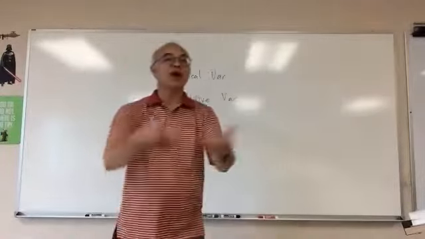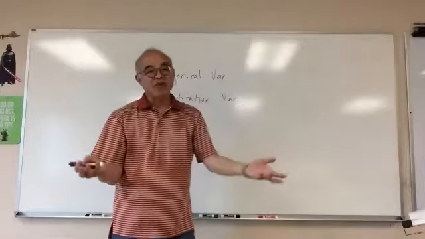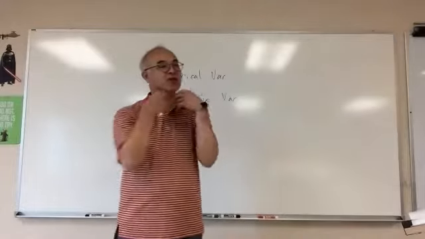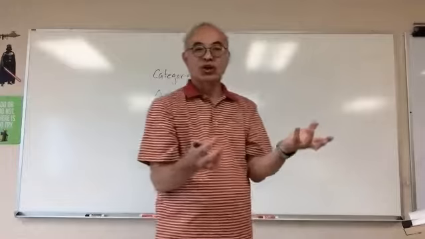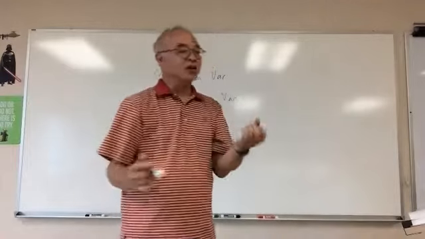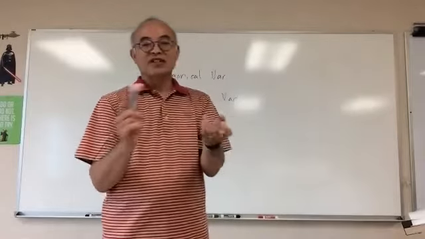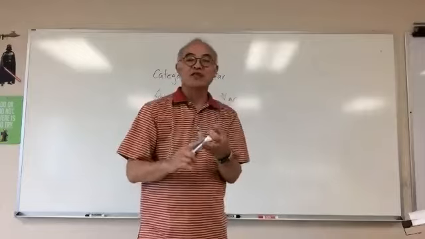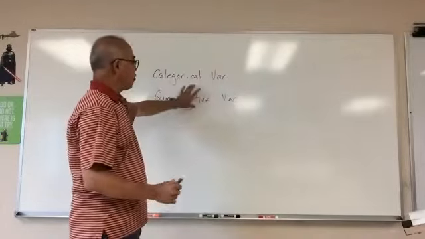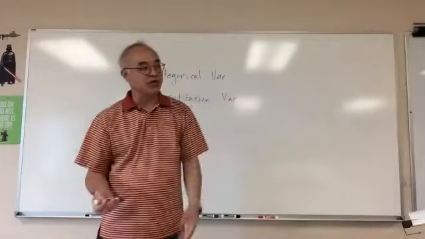What's the color of your eyes? What's your favorite rock? What's your favorite radio station? So all these answers include something like a color or the name of a radio station, something that does not have to do with numbers. That's a categorical variable. A quantitative variable is something that has a number associated with it.